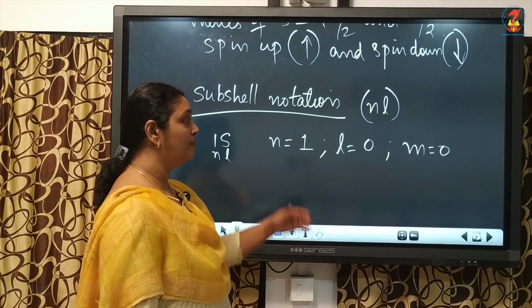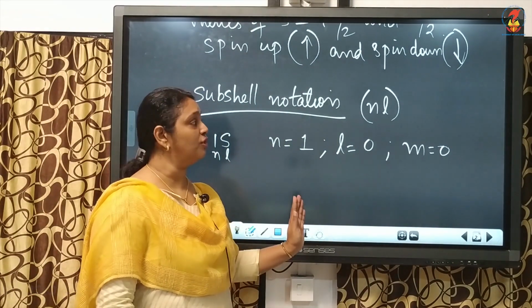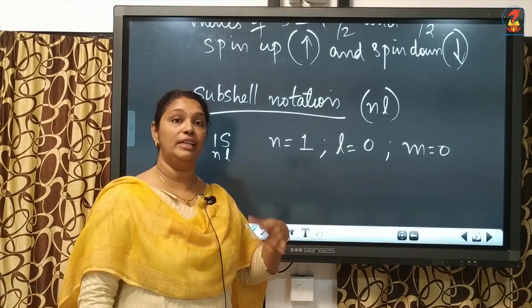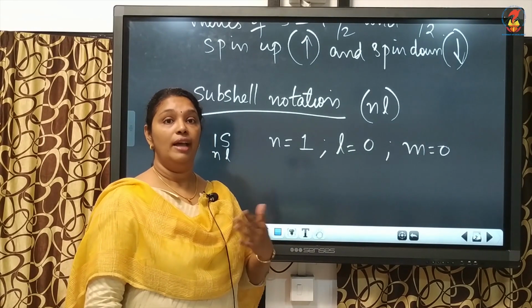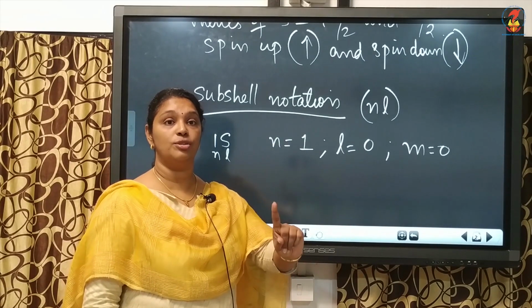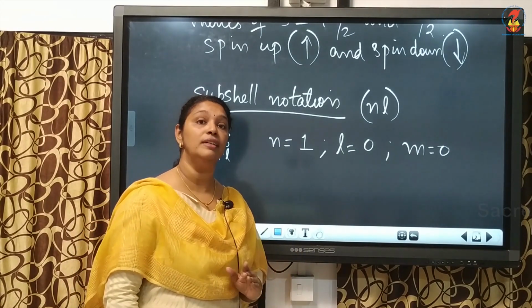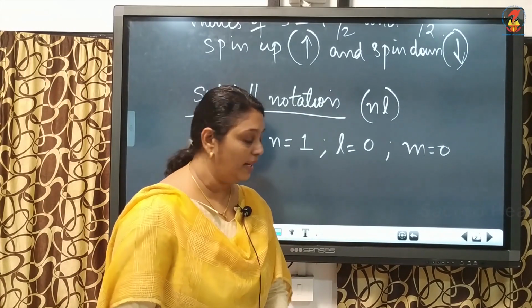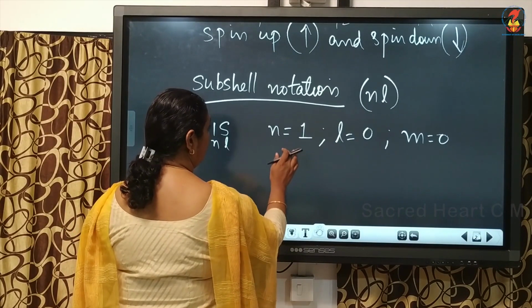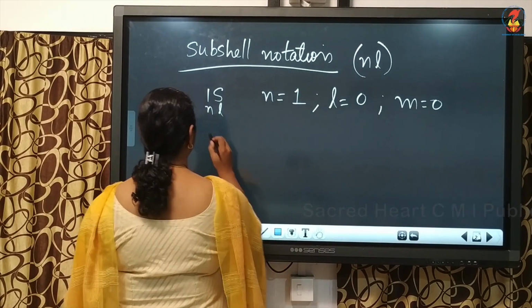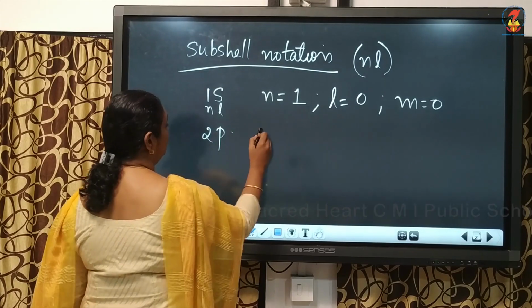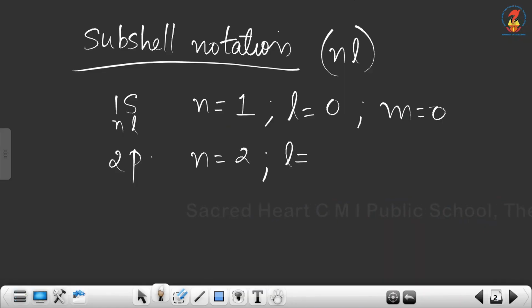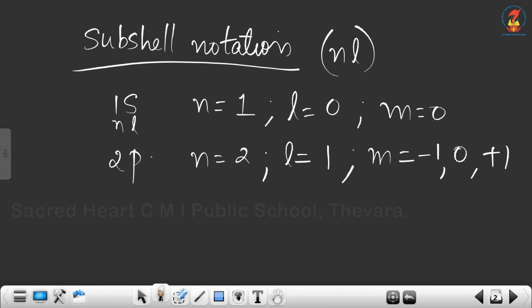Okay, now the spin, if there is only one electron in 1s orbital, then the spin can be plus half or minus half. And if there are two electrons, one electron will have plus half spin and the other minus half spin. Now next we have another example, 2p. Here n is equal to 2, l is equal to 1, m is equal to minus 1, 0, plus 1.